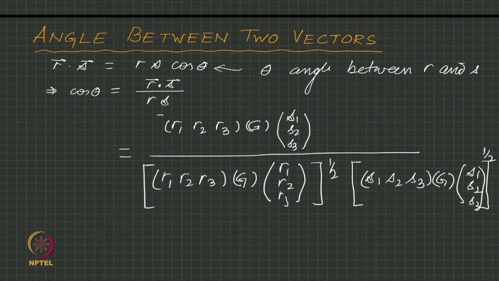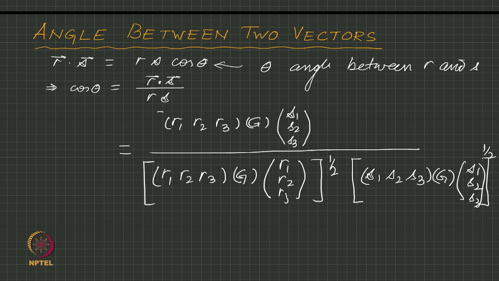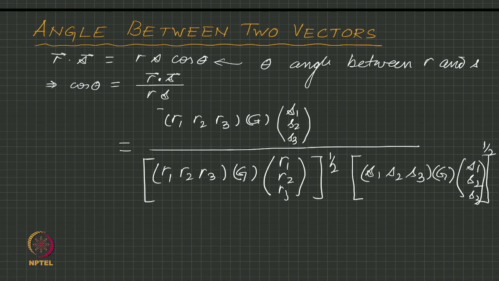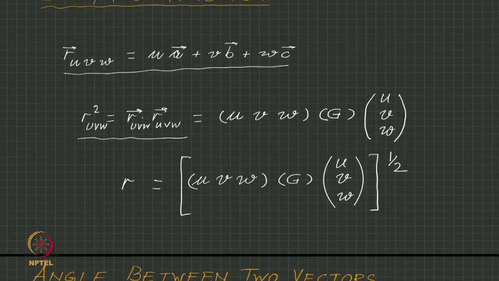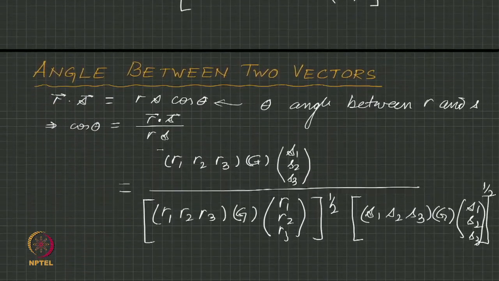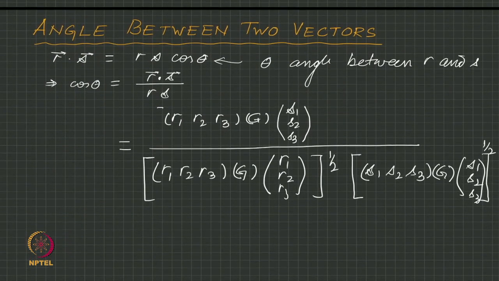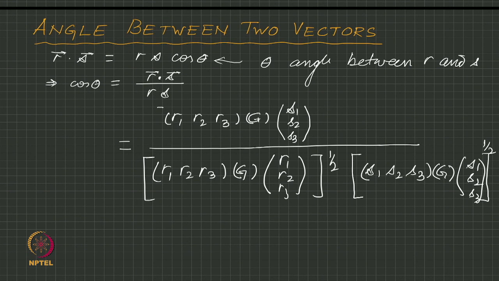Writing it by hand is a little messy and complicated, but you can program it in computer and give any lattice parameter or any components. You can easily find the angle between vectors or length of a vector, even though now you are working in a system which is non-Cartesian.